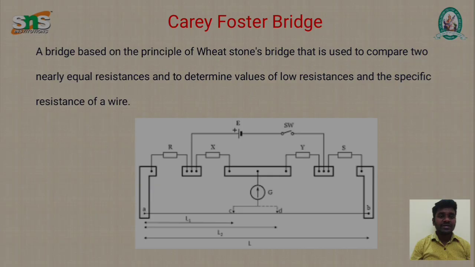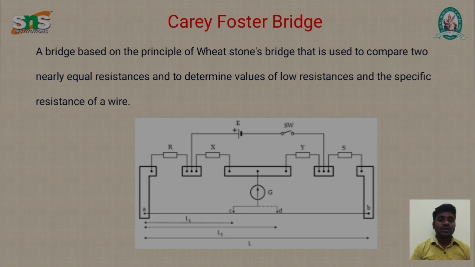Already we have discussed that this is based on the Wheatstone network. Once the circuit is completed, you can take the readings. The procedure for the Carey Foster Bridge is, first we have to keep the resistance R on the left hand side and S on the right hand side.